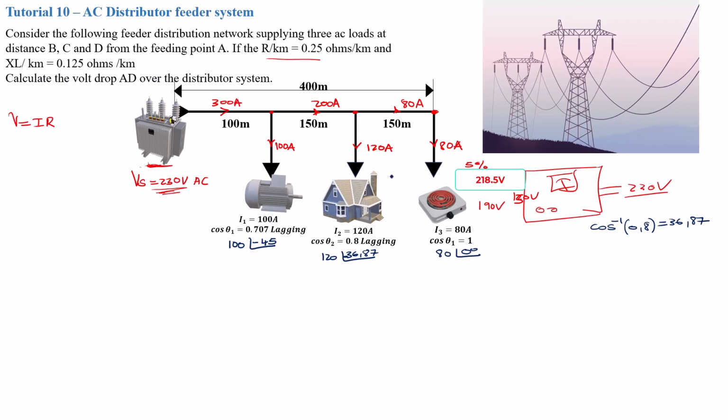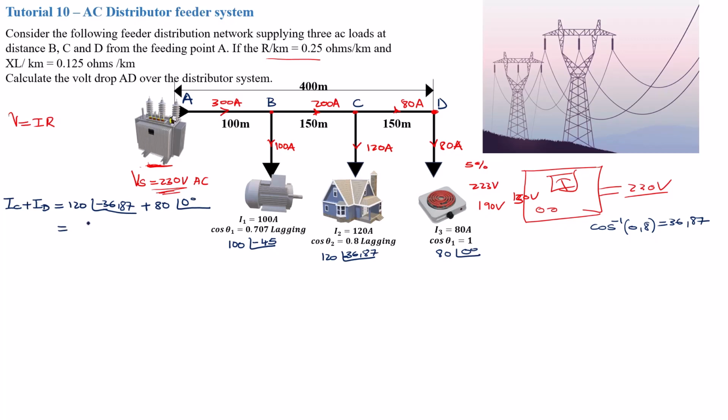So summing up the current from all these sections, let's first name them. This is B, C, and D, and this point here is point A. Summing up the current, IC plus ID is going to be equal to 120 with an angle of negative 36.87, plus 80 with an angle of 0 degrees.